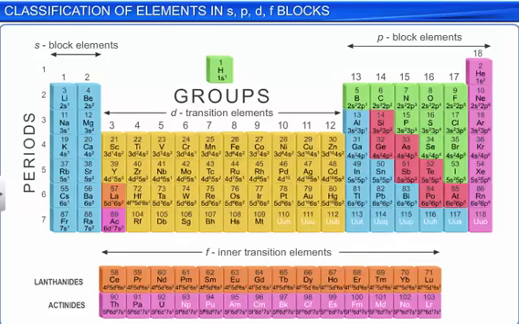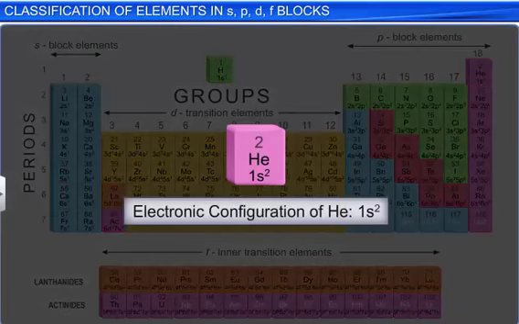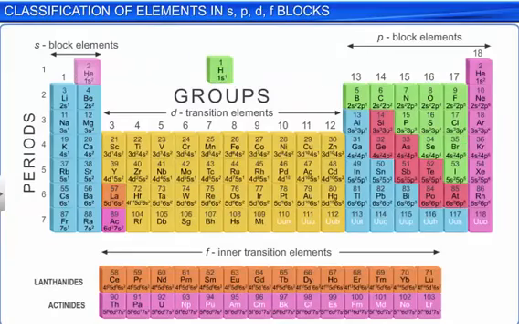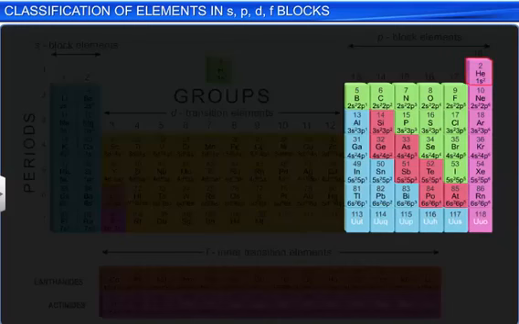However, there are two exceptions to this classification. The first exception is helium. Based on its electronic configuration, it should be placed in the s block in the periodic table. But it is placed in the p block with the other group 18 elements.